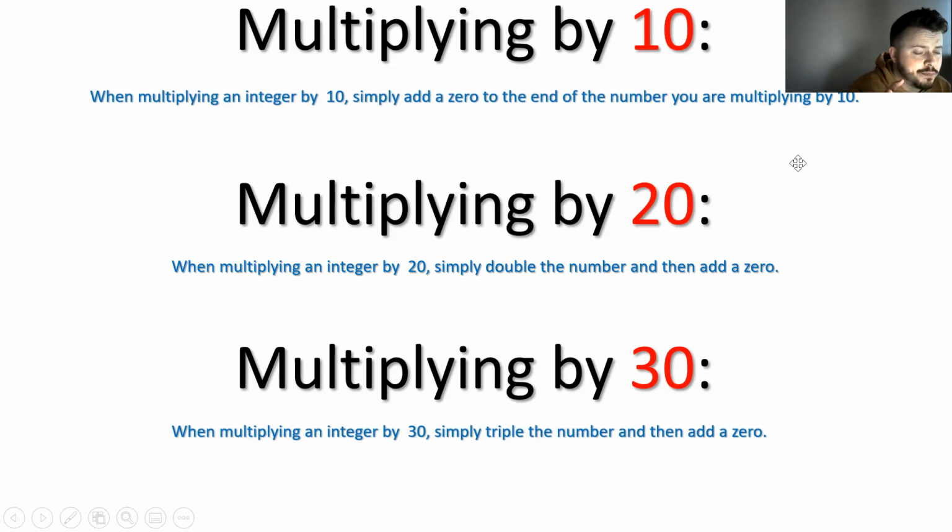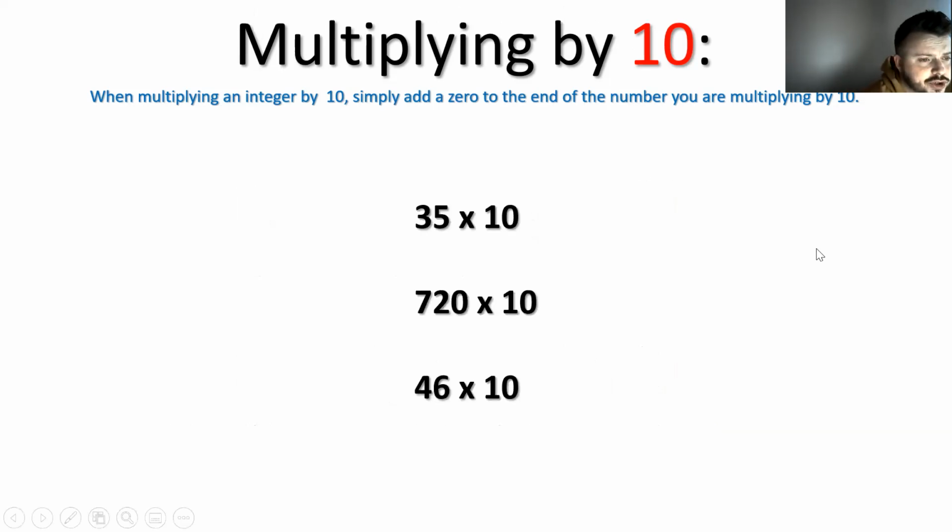If we're multiplying a whole number by 20, we double the number and then add a 0. If we're multiplying by 30, we triple the number and then we add a 0. And we'll look at some more of those questions in a minute. So let's go on to multiplying by 10.